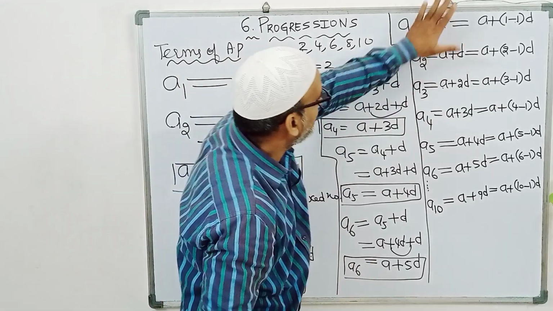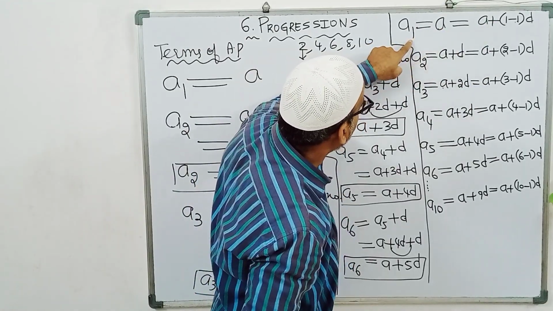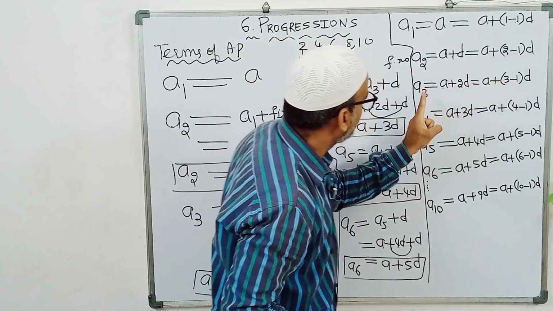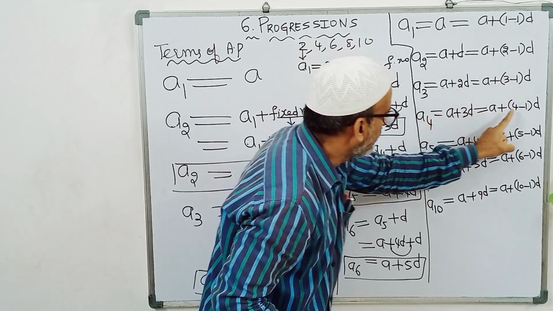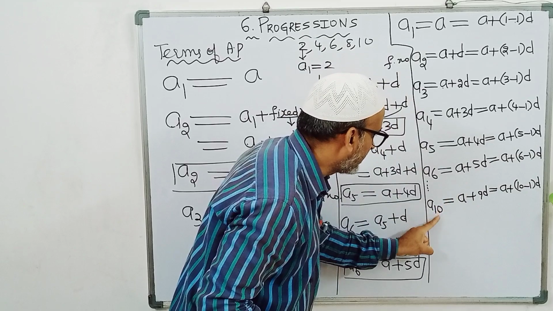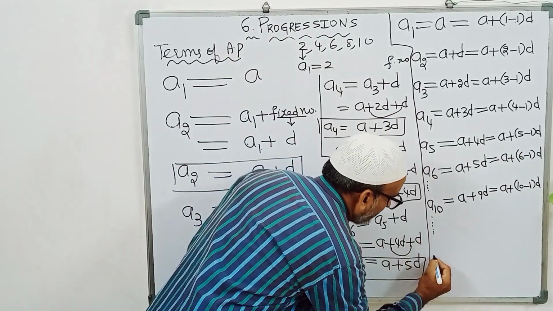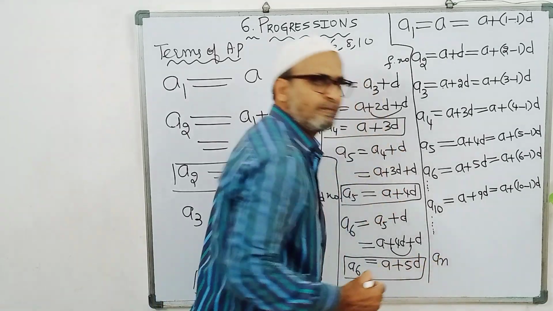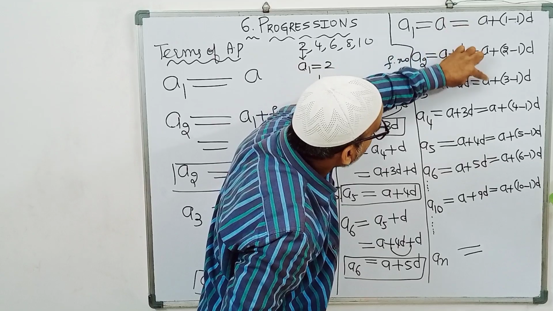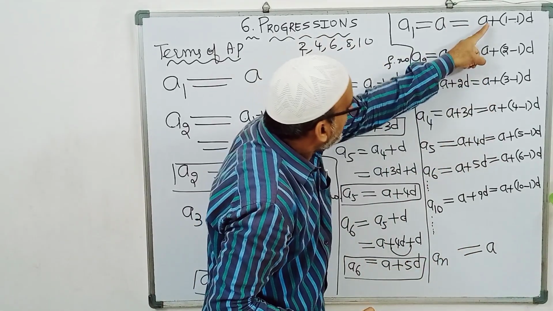Now you see this one here. A1 is equal to A plus 1 minus 1, 2 minus 1, 3 minus 1, 4 minus 1, 5 minus 1, 6 minus 1, 10 minus 1, and so on. If you come like that, I am writing An is equal to A, all are A's, all are plus.